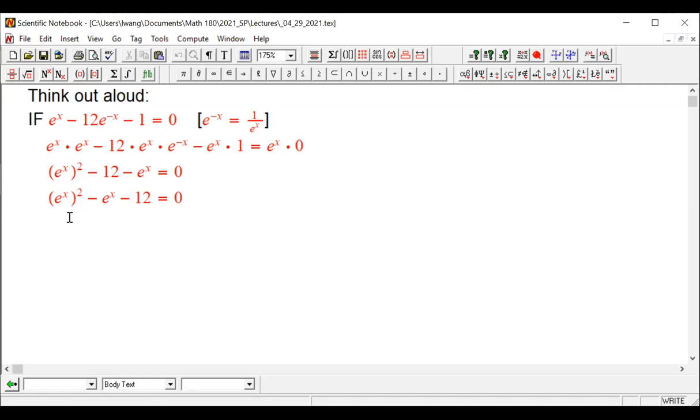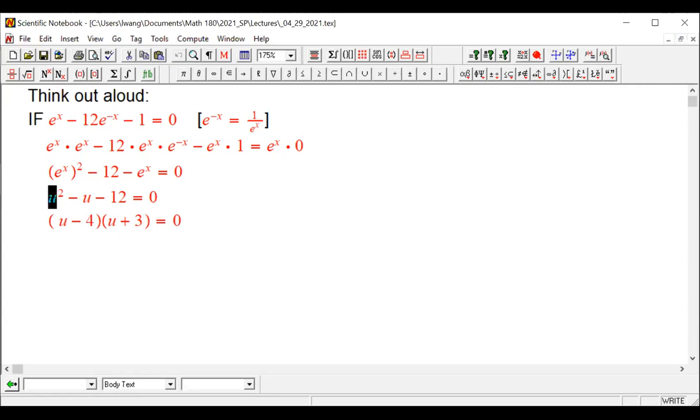Implicitly or explicitly. We can imagine this is a u, this is a u. Can we factor this? What do you get? u minus 4, u plus 3. Any order you want.